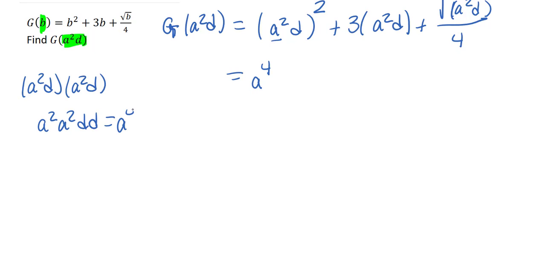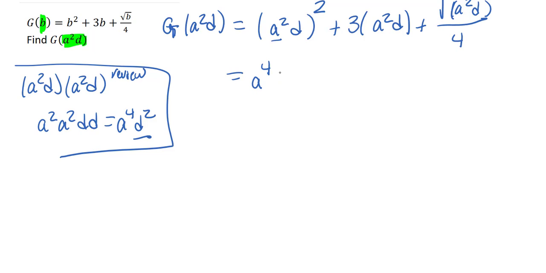So this becomes a to the 4th, d squared, because we have two d's. This is just a little review. Let's move on and add the next term.